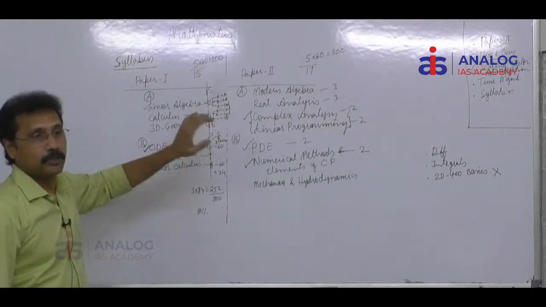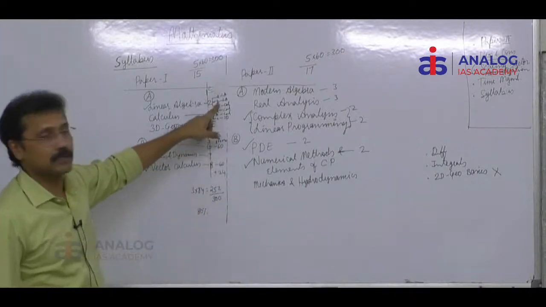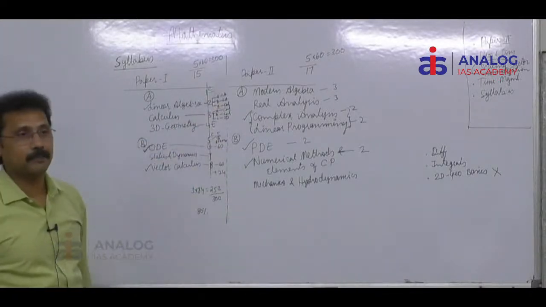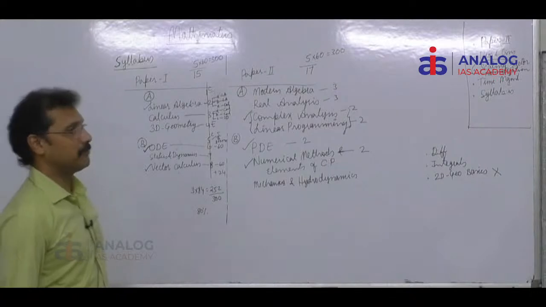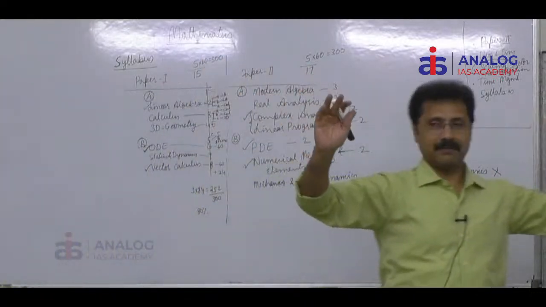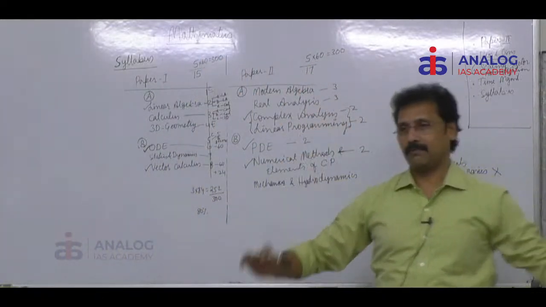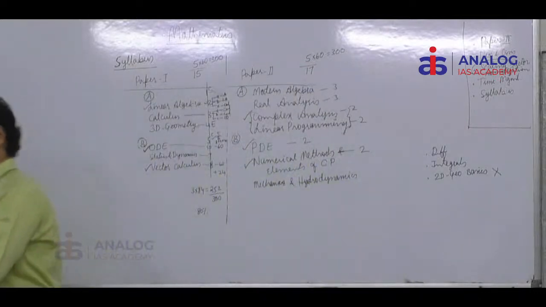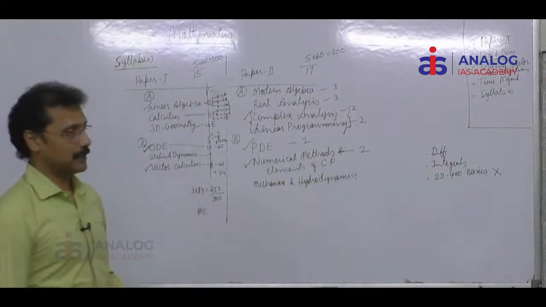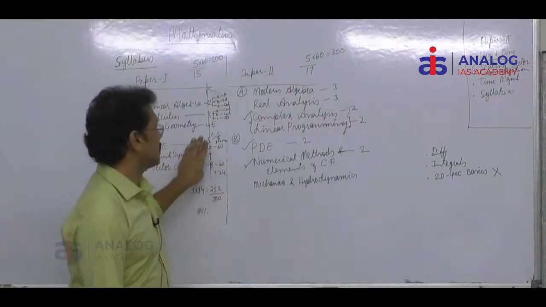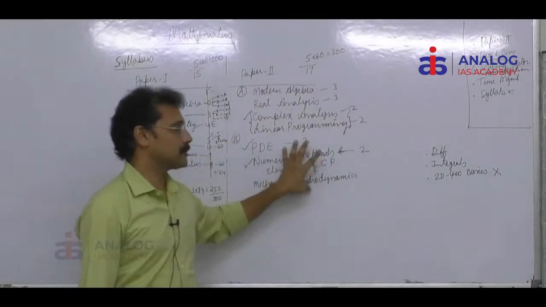Okay? Today also, the same pattern is going on. Now you cannot expect that in section A, if I read only linear algebra, I am comfortable. No. You have to complete calculus, you have to complete 3D geometry also. Same thing happens here, same thing happens here, same thing happens here.